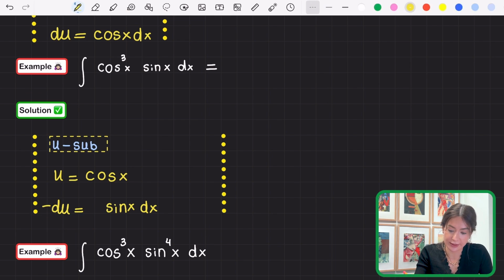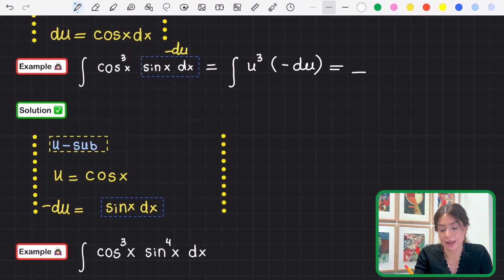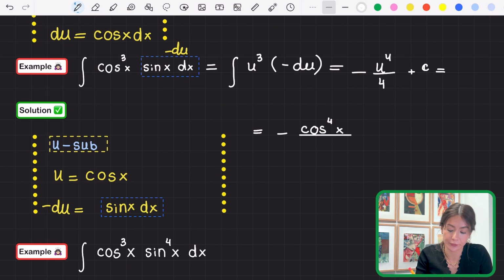This side will turn positive, and I like to express exactly what I have in my integral, so I can say this equals u cubed negative du. Negative comes in front, and then I take the integral of u, and that's basic power rule as promised. Last thing left to do is back substitute. This time cosine was our u. And that's the final answer.